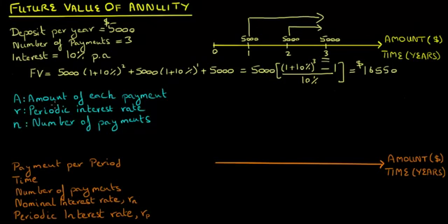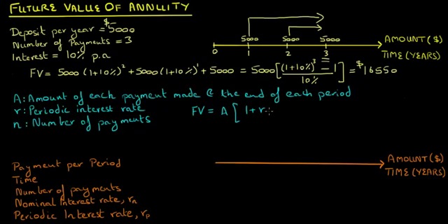We can generalize the argument as follows. If A is the amount of each payment made at the end of each period, whether that's a year, 3 months, or 6 months, and if R is the periodic interest rate and N is the total number of payments, then it's a fixed annuity with future value equal to A times (1 plus the periodic interest rate) to the power N, which is the total number of payments, minus 1, divided by the periodic interest rate.